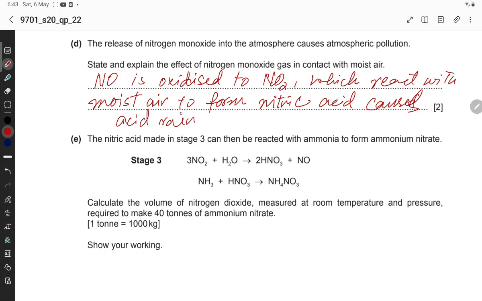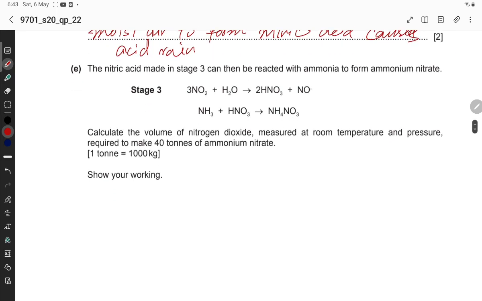The nitric acid made in stage 3 can then be reacted with ammonia to form ammonium nitrate.